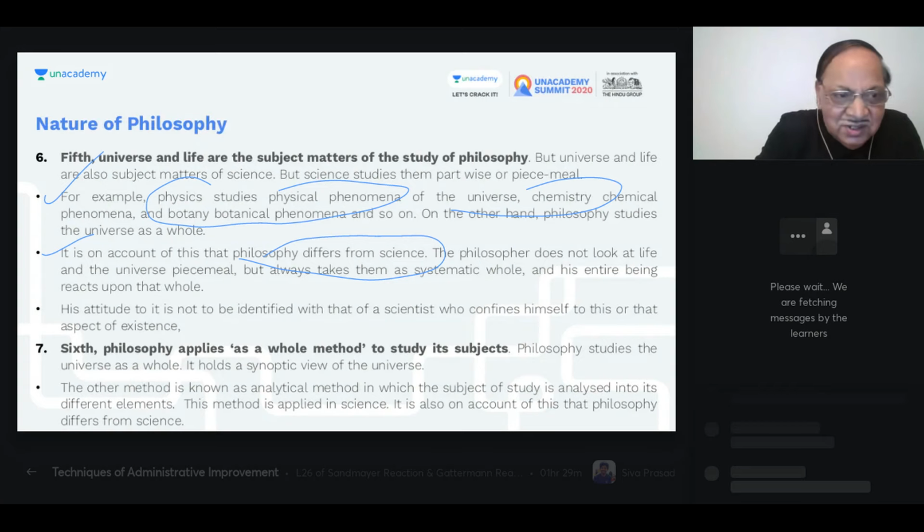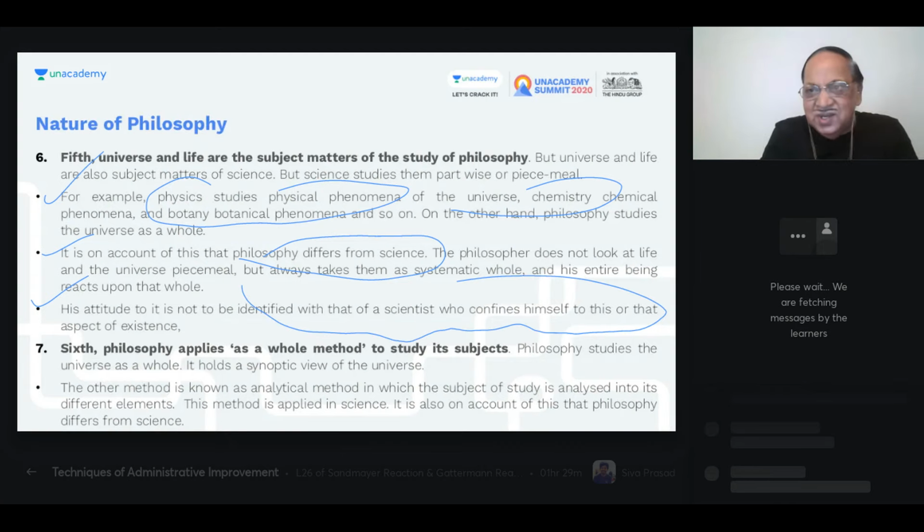Philosophy will not confine itself to any particular subject or particular part of the universe and life. Rather, it will study the whole universe and life. Here also we find the special feature of philosophy.